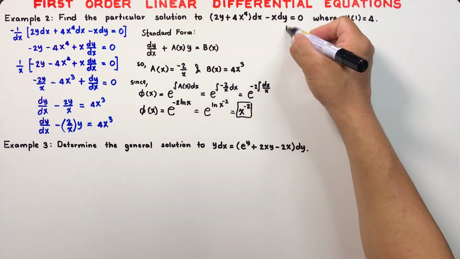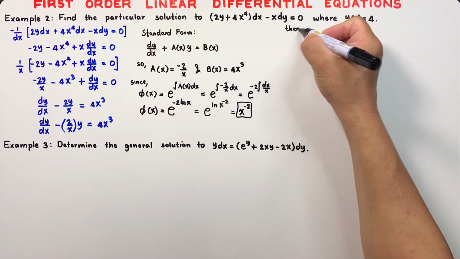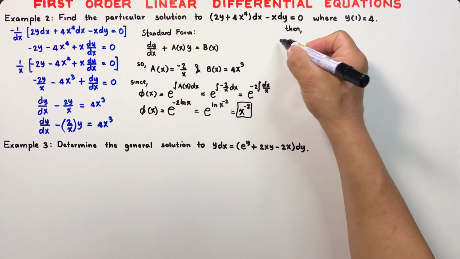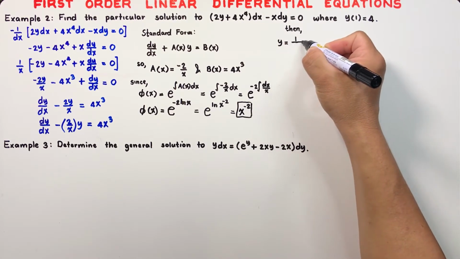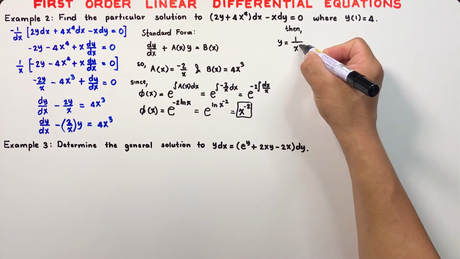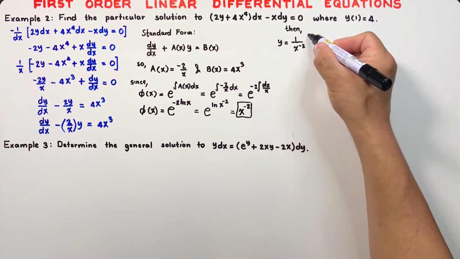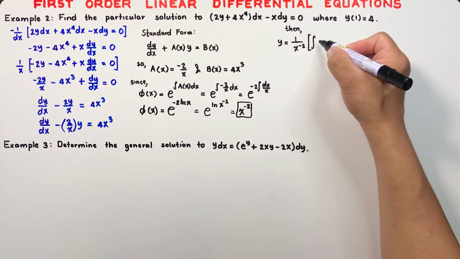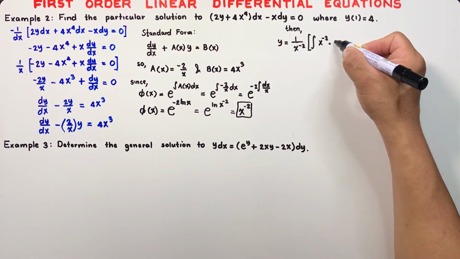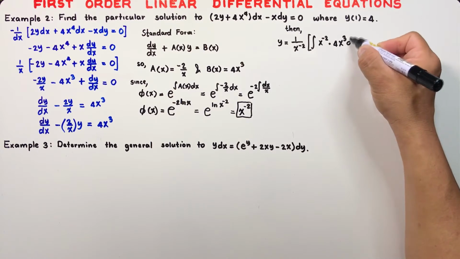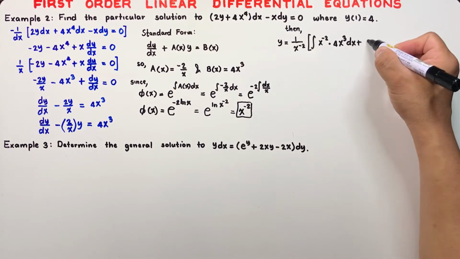Then our solution function is y, which is 1 over phi of x, and phi of x is x to the power negative 2, times the integral of phi of x, which is x to the power negative 2 times b of x, which is 4x cubed, dx plus the constant of integration c.